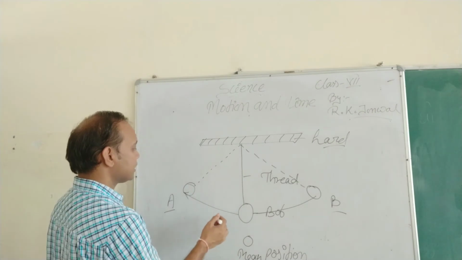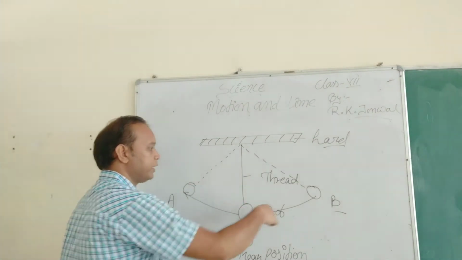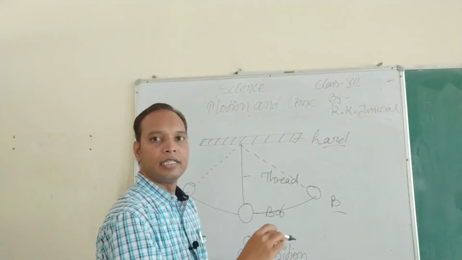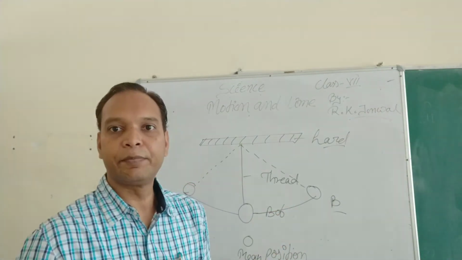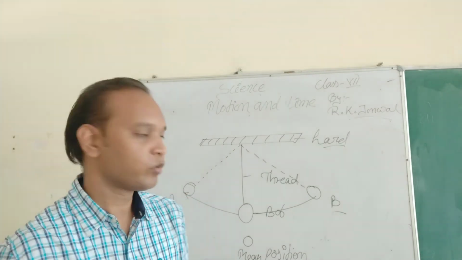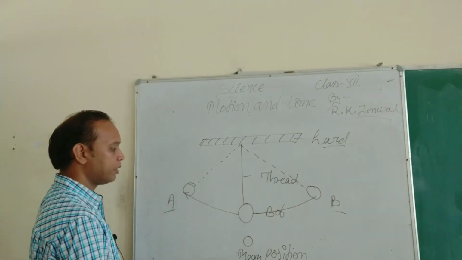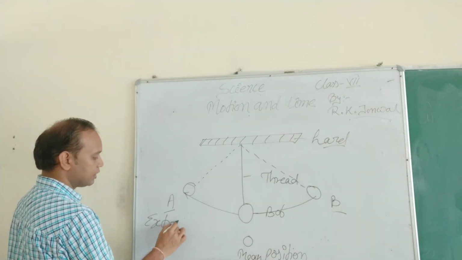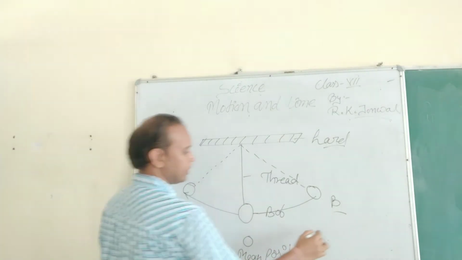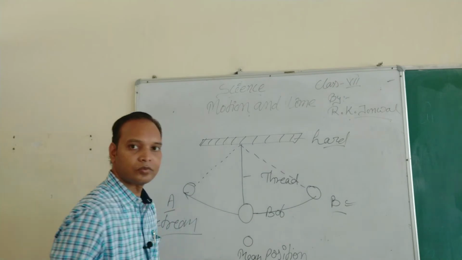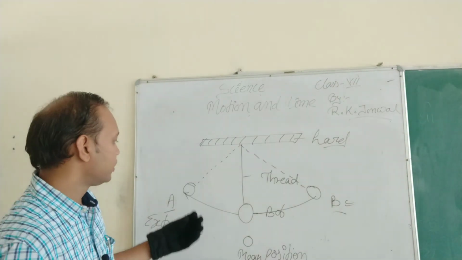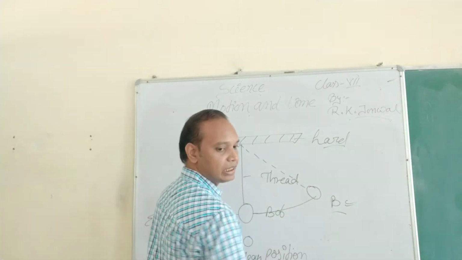So students, this pendulum moves from A to B, then again B to A, then again A to B, like this motion, this pendulum starts moving. Okay, so that is called a simple pendulum. So here are two extreme positions, one is A and another one is B. So we can say here this pendulum completes oscillations.